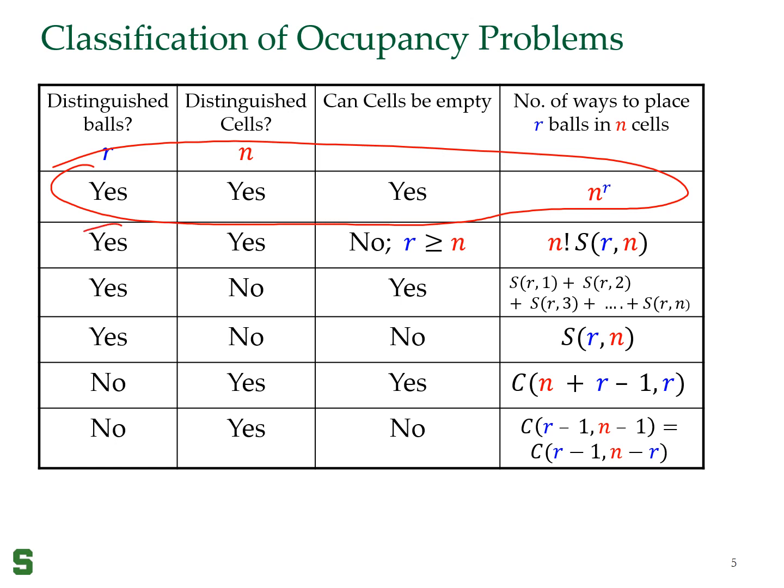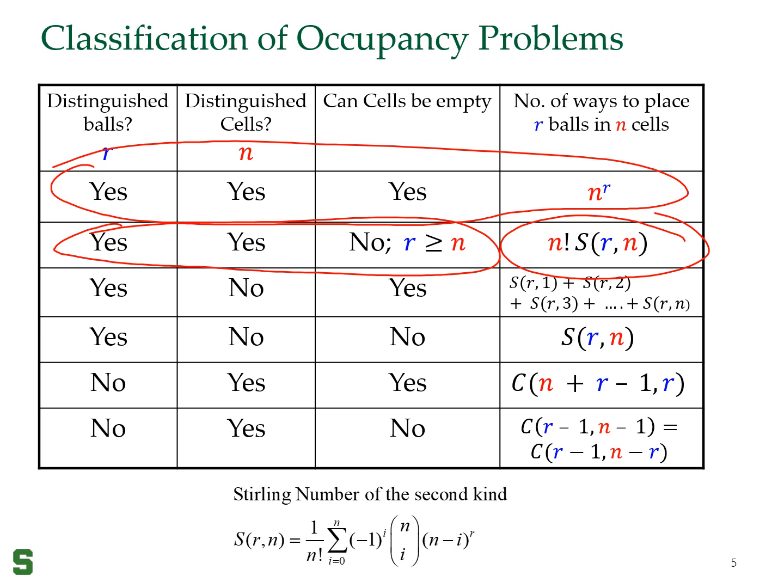This is the second instance where you are required to put at least one ball in every cell, so no cell can be empty, in which case the answer is n factorial times S(r, n), where S(r, n) is this formula down here.